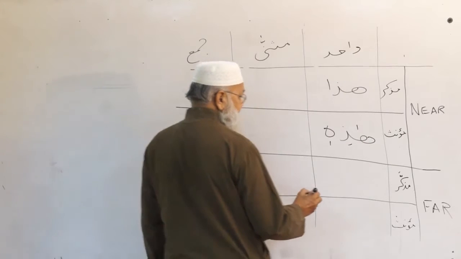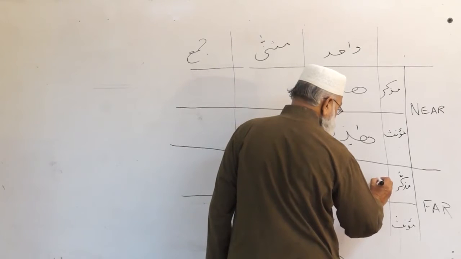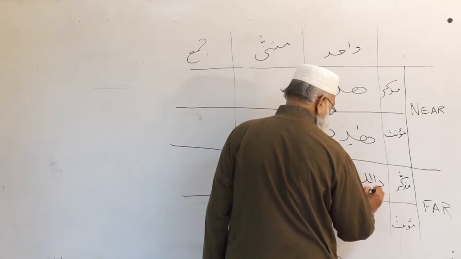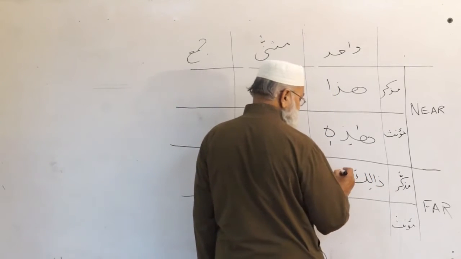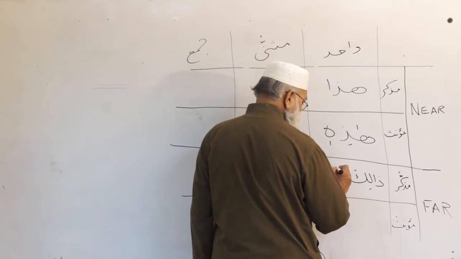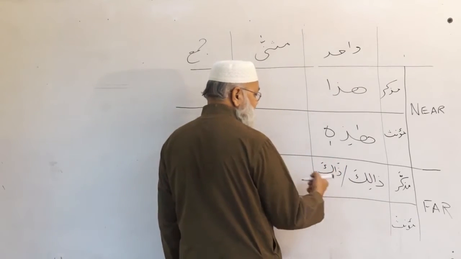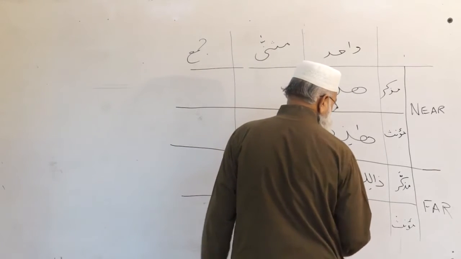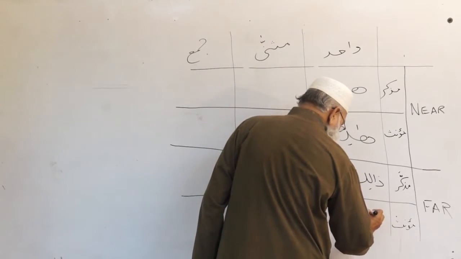Then for masculine and far, you will say dhalika. Sometimes lam is dropped and just zaka. Actual form is dhalika, but this is just an abbreviation of zalika. And for feminine, you say tilka.